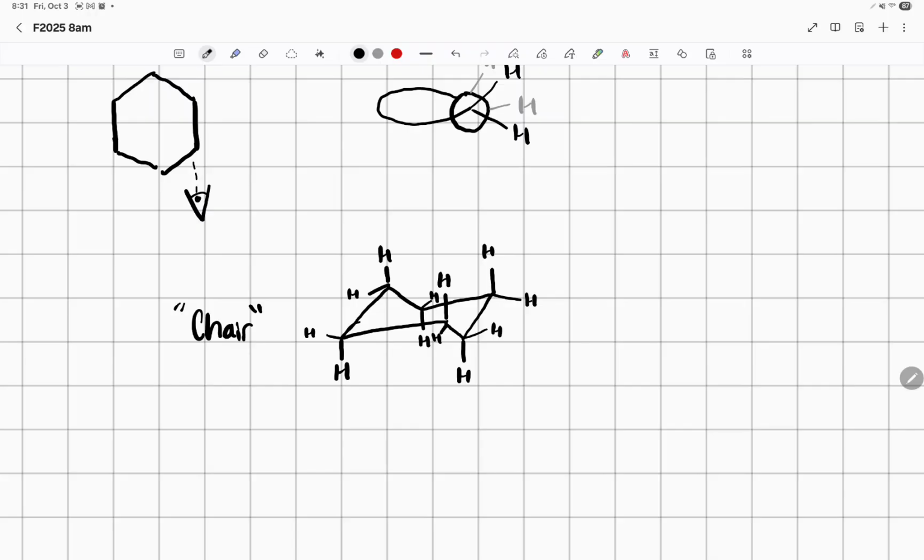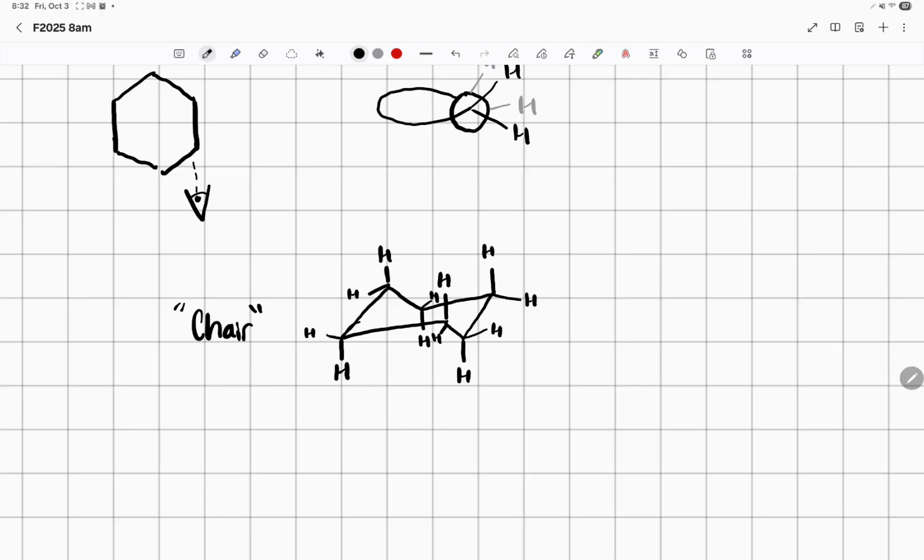So if I start in my chair, I can enter a boat, and then I can enter the other chair conformation. Now my substituted groups went from being outwardly facing to upwards facing.